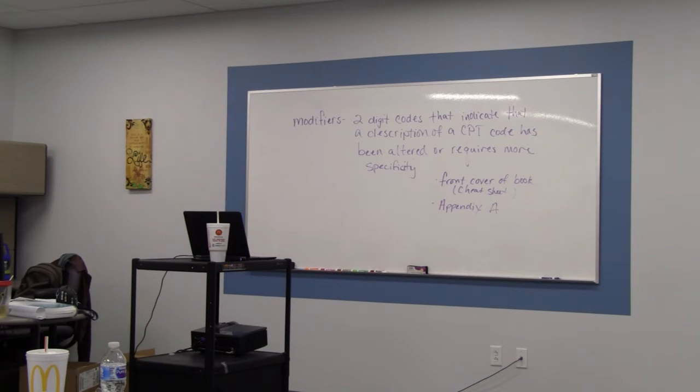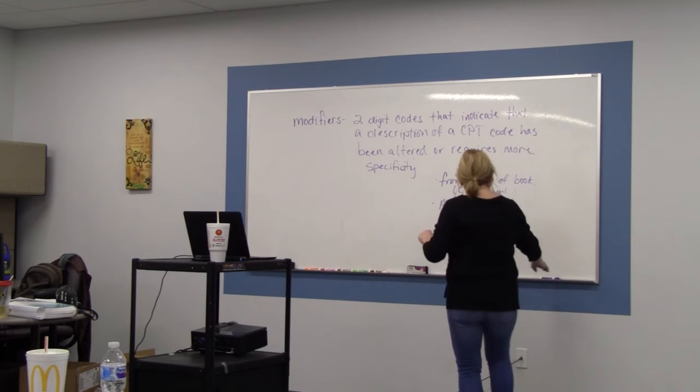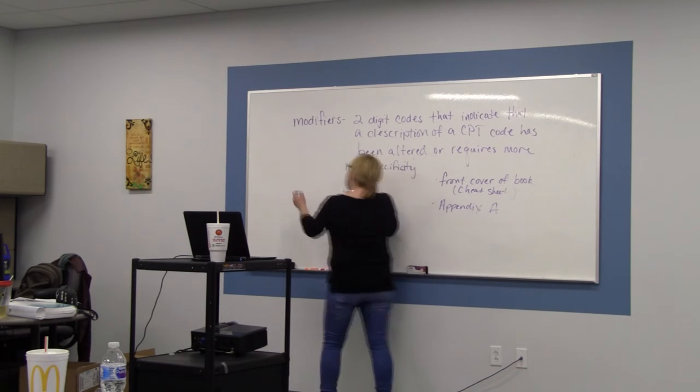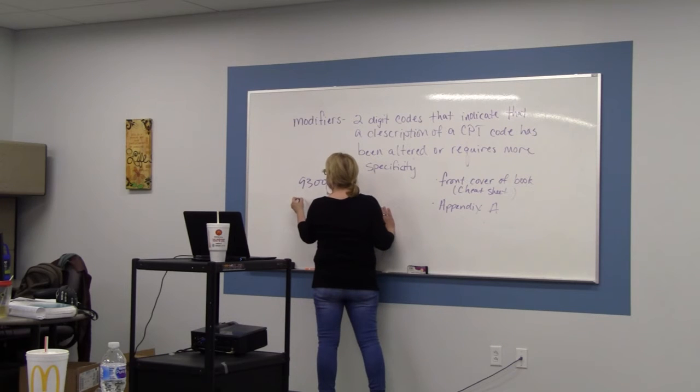And I can slap that 59 modifier on it, and that's saying no, those were distinct. Does that make sense? Those were distinct. You should pay me for all three of those things. So how that would look, and I'm completely making up these codes: say I had an EKG, a stress test, and then another EKG.